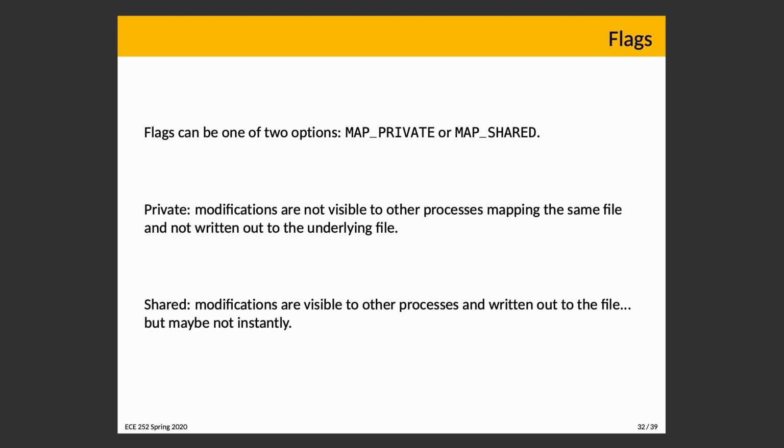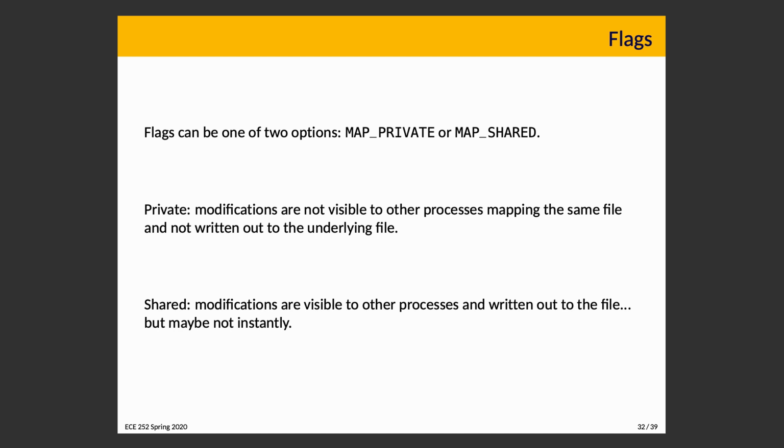Flags have two options. There's private and there's shared. Private means that modifications are not visible to other processes that are mapping the same file, and they're not written out to the file that's on disk, referred to as the underlying file. That means that we loaded a copy of it, and it's just our copy. We can play around with it, but it doesn't get saved.